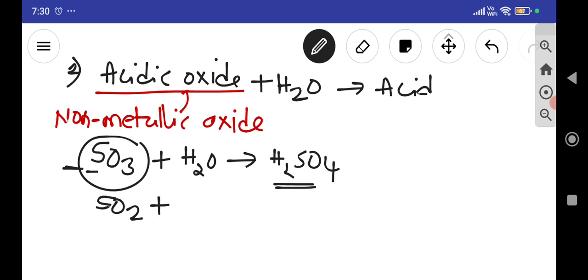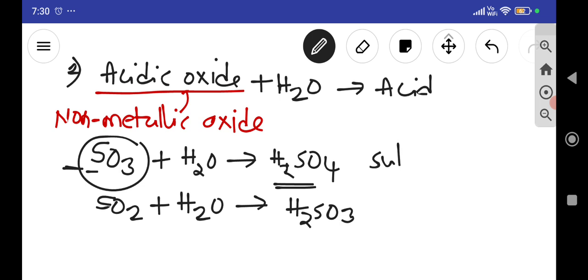You can also take SO2 in reaction with water, you get H2SO3. So very important thing, why do you call this sulfuric acid, and why is this called sulfurous acid?